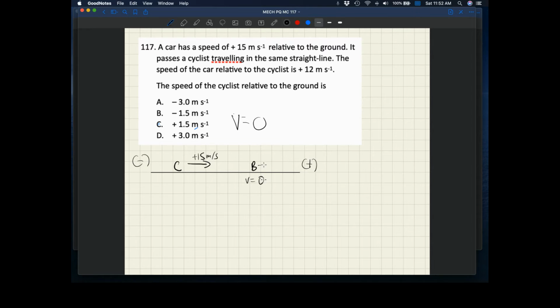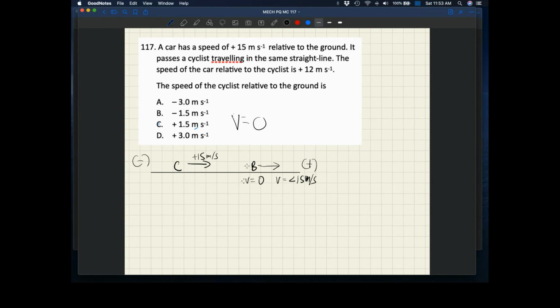If the bicyclist is traveling in this direction, toward the right, positive, then the bicyclist is going to see that it takes the car longer to catch up to it. And if it takes longer to catch up to it, that means that the car must be traveling more slowly. So the velocity must be then less than 15 meters per second.